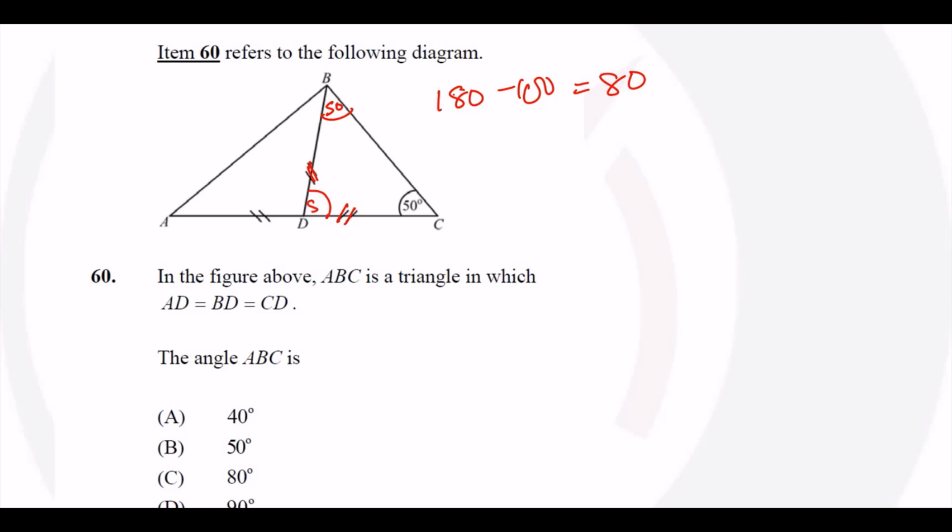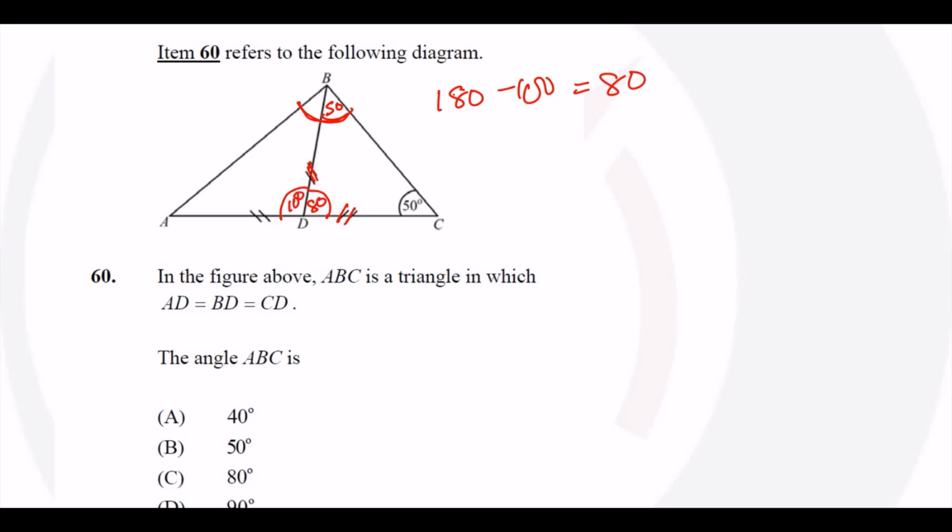So if this angle is 80 degrees, next we want to find ABC. So we want to find all of this angle here. If this angle is 80 degrees, angles on a straight line have to give 180. So 80 from 180 gives us 100.